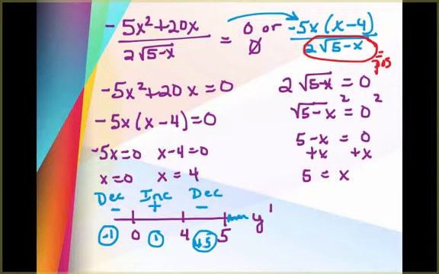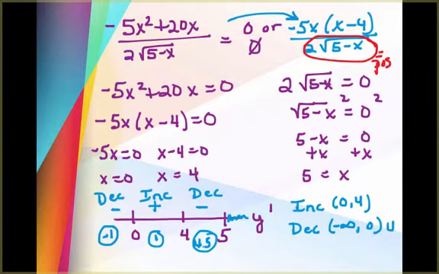So we now know when we're increasing and decreasing. So we are increasing from 0 to 4. We are decreasing in two different places, from -infinity to 0 and then from 4 to 5.